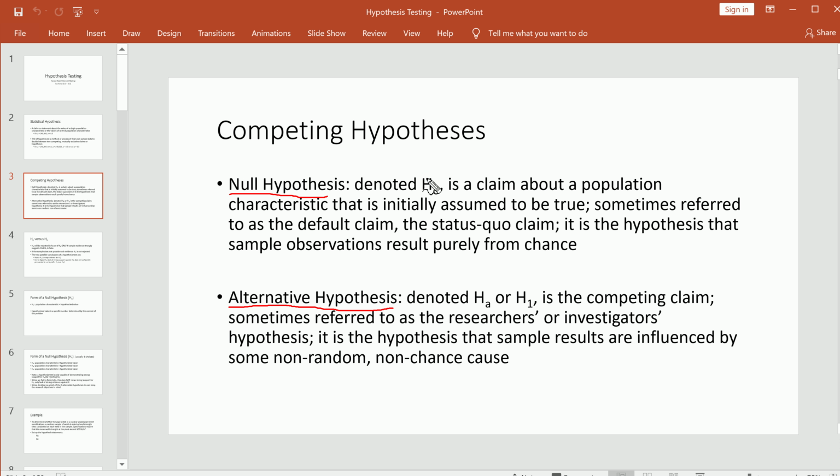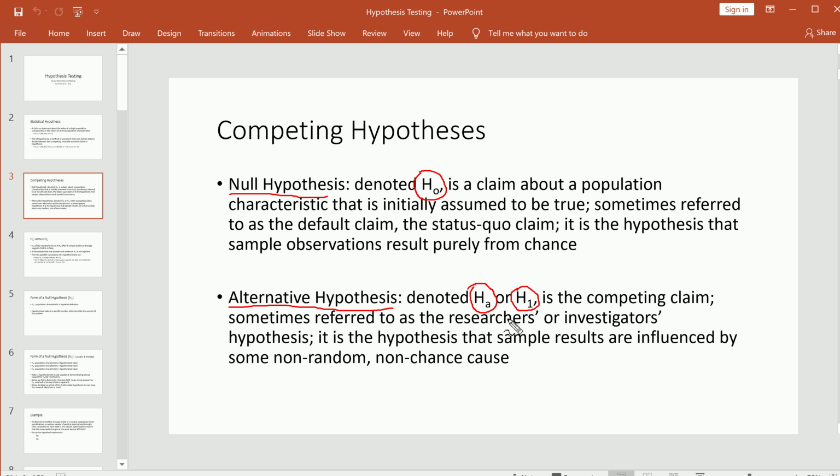And the notation for the null is H0 or H naught. And the alternative goes by two different ones depending on what text you're using. So just be aware that those are synonymous for the alternative hypothesis. Now the important takeaway, obviously you can read these slides, is that the null is what we initially assume to be true.